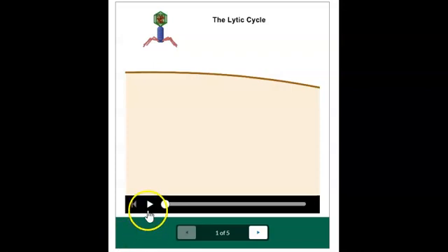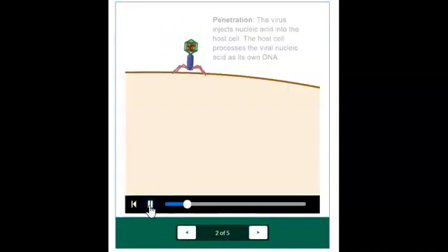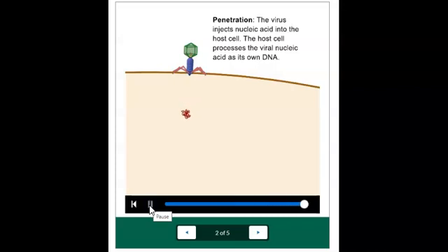So you can see here, if I click play, first the virus attaches to the cell. So this is the cell, right? This is the virus. And then the virus injects nucleic acid, so some nuclear genetic material into the host cell.